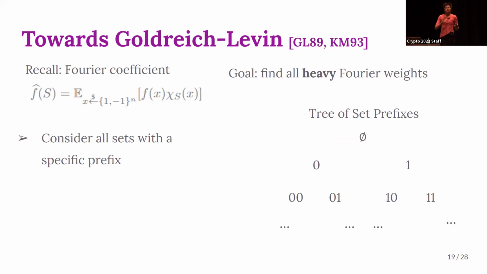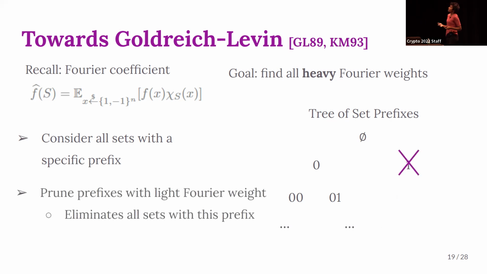So we'll consider all sets that have the prefix 0, all sets that have the prefix 1, 0 0, 0 1, and so on. And now what we'll do is prune prefixes that have a light Fourier weight. What this will do is eliminate the entire rest of this tree, starting at this prefix. So we'll eliminate every single set that has the prefix 1.